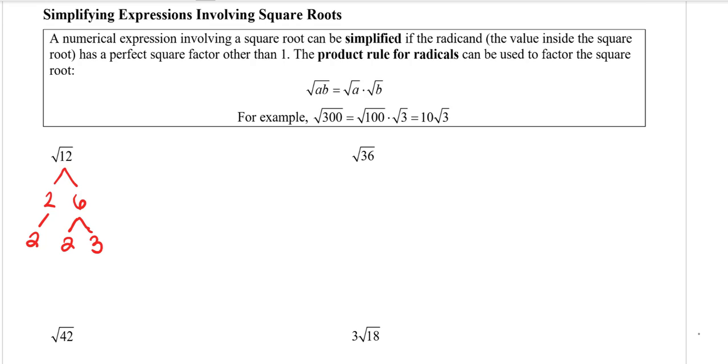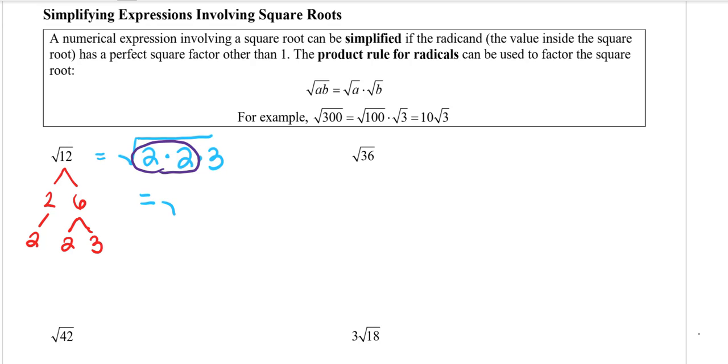So I could rewrite the square root of 12 as the square root of 2 times 2 times 3. Now, a perfect square is represented by a group of 2 of the same factor. So notice we have a perfect square there. 2 times 2 represents a perfect square.